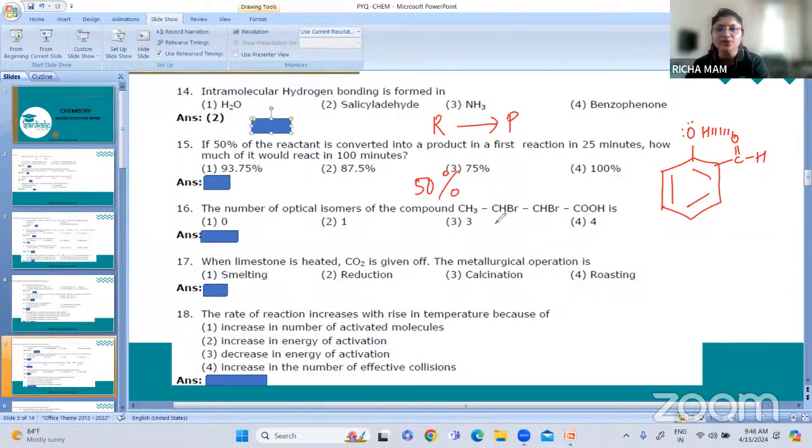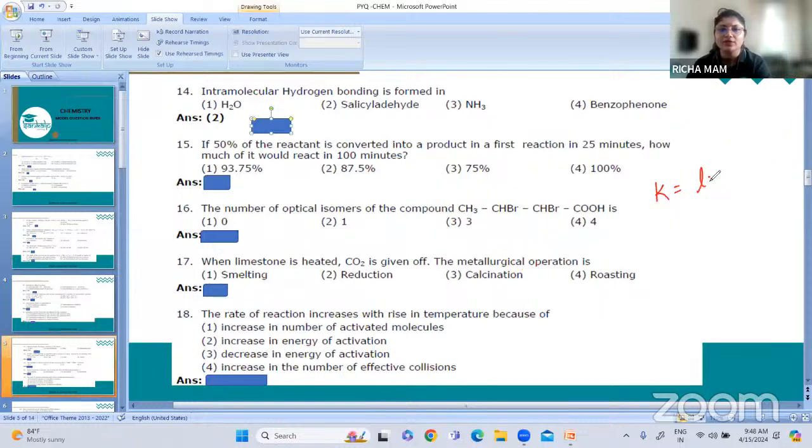So what is the percentage? We know that K is equal to, so what all we know here, we'll write here.